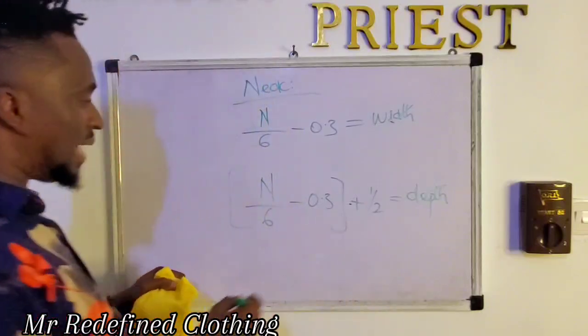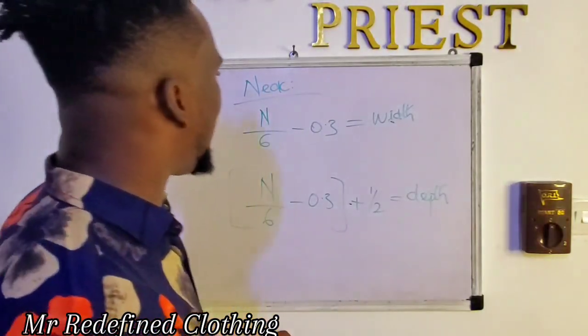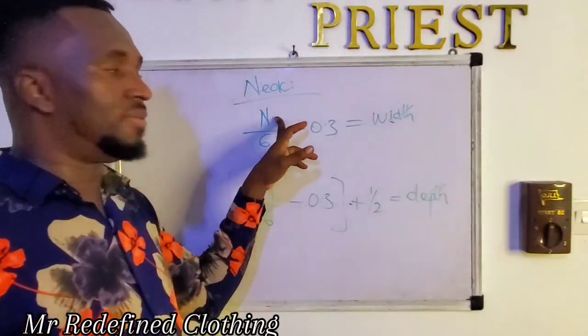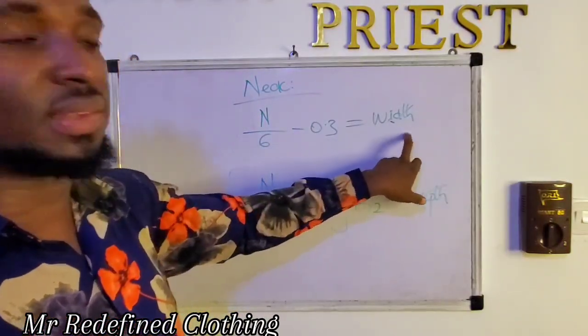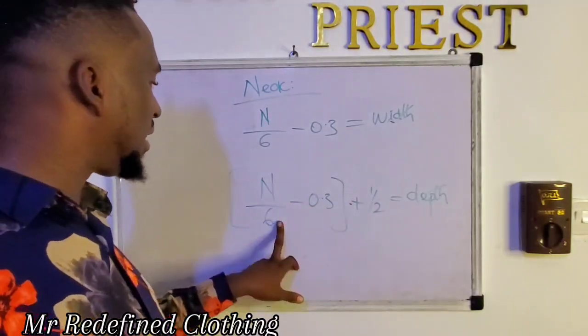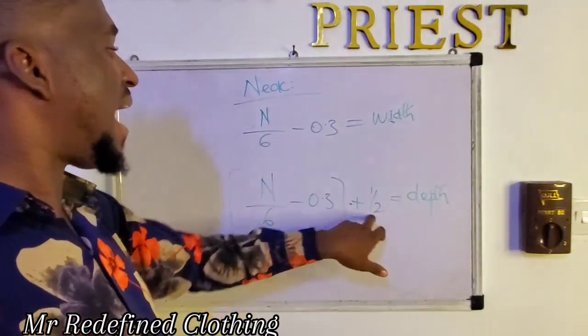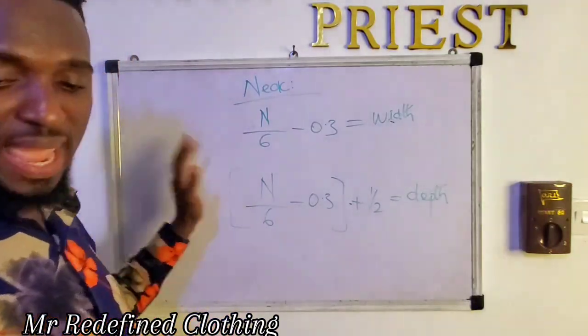So how do you work this out? This n is a variable, which means whatever neck measurement you have, divide by 6. You minus 0.3 from it to get the width. Then for the depth, you divide the neck by 6, minus 0.3, add half to it to get your depth. So this serves you for your neckline.